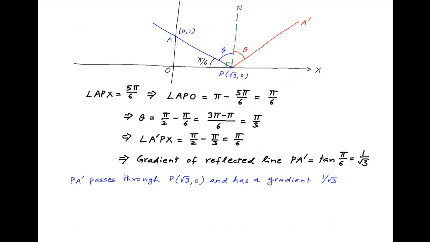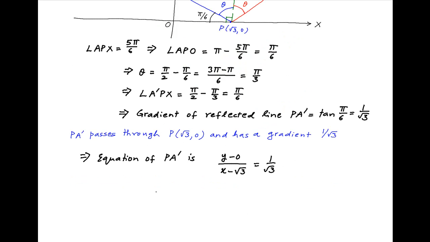This information allows us to write the equation of the line PA dash, which is y minus 0 divided by x minus root 3 is equal to 1 upon root 3. Cross multiplying, we get y root 3 is equal to x minus root 3, which is the required answer.